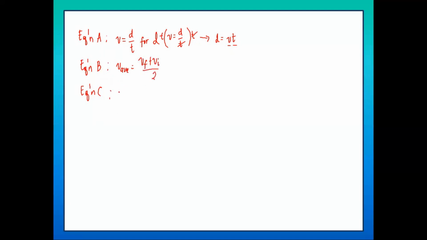While your equation C is for your acceleration, A is equal to V sub F minus V sub I over T. So, di na natin i-manipulate pa yung equation B kasi V sub AVE is just the same with V. You just substitute these variables to your V. Okay, making it D is equal to V sub F plus V sub I over 2. Ulitin natin saan galing ito. That came from the variables here for your equation B.